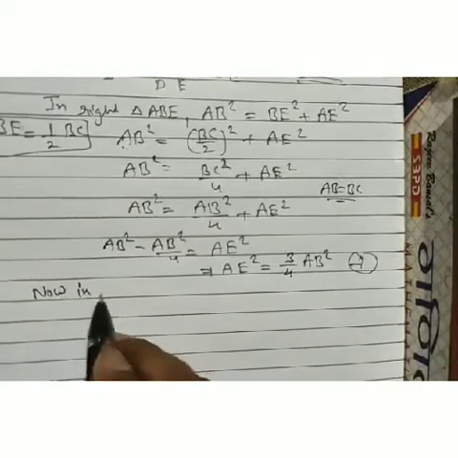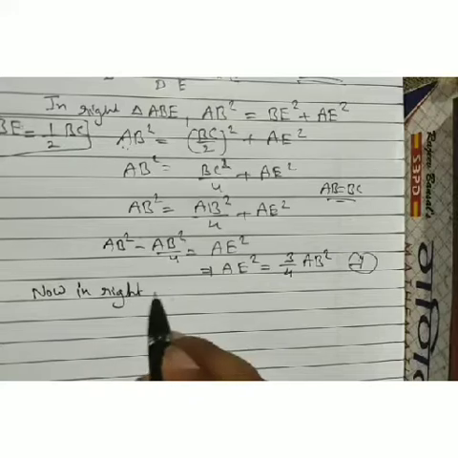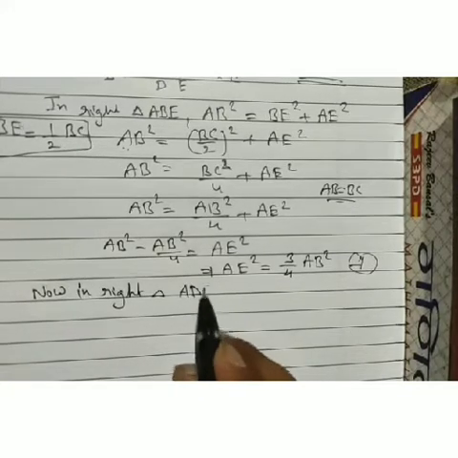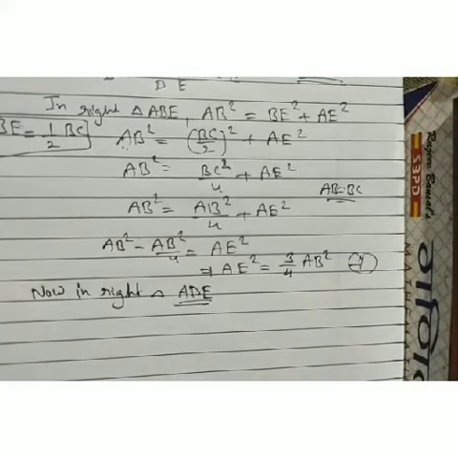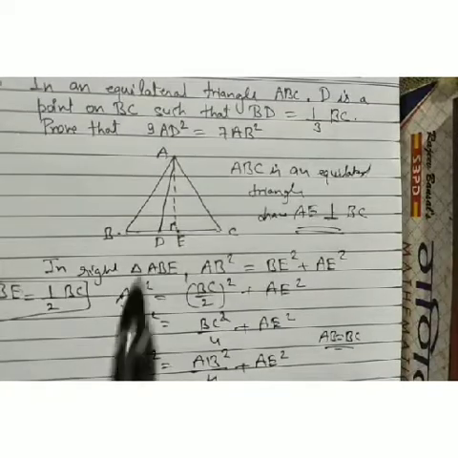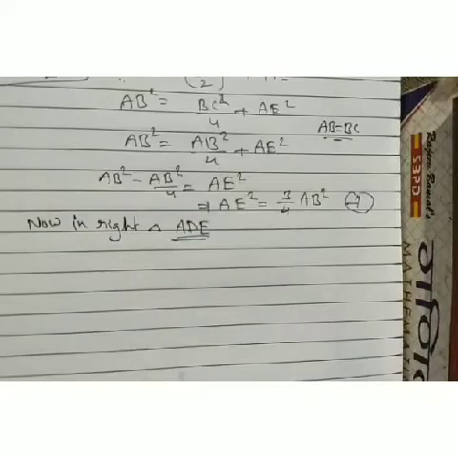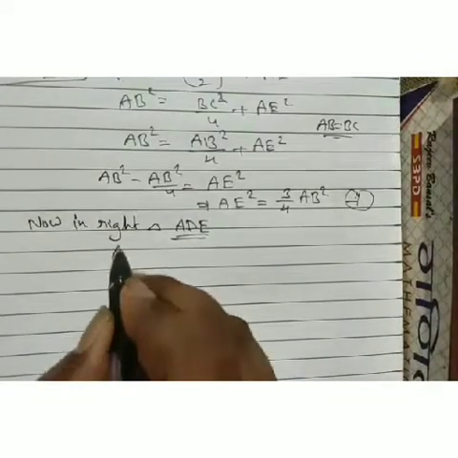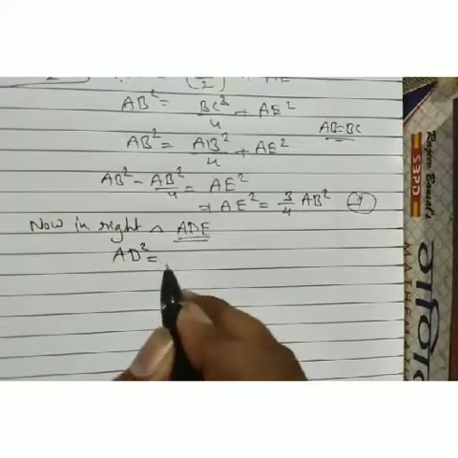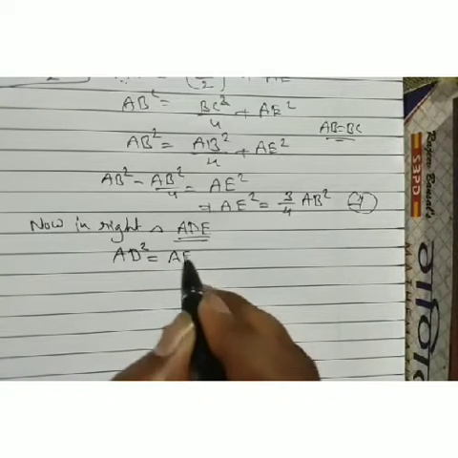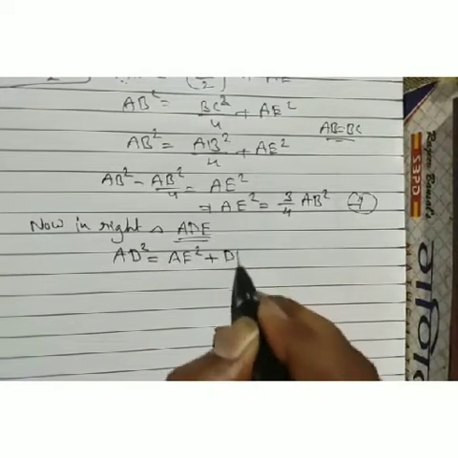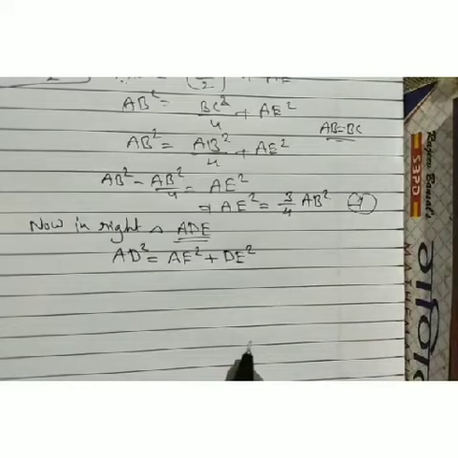Now in right triangle ADE, what we have? AD square equals AE square plus DE square.